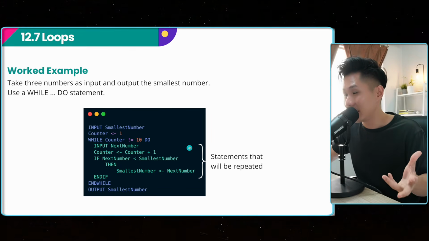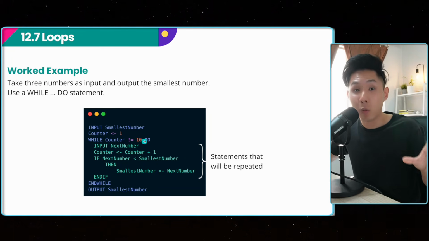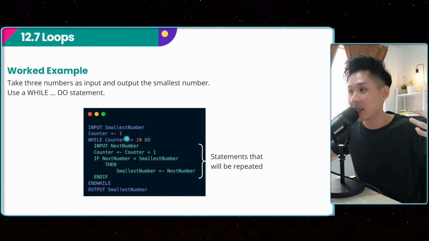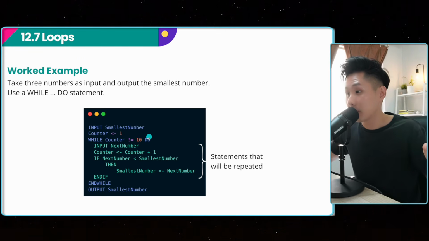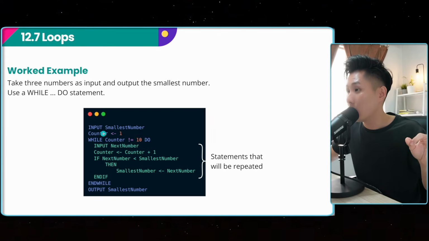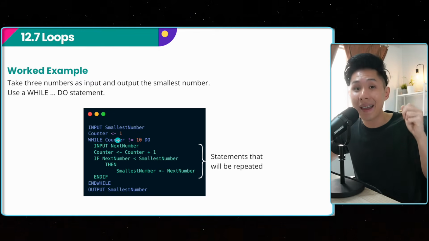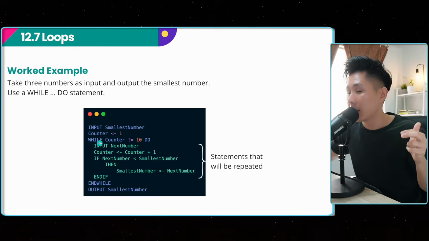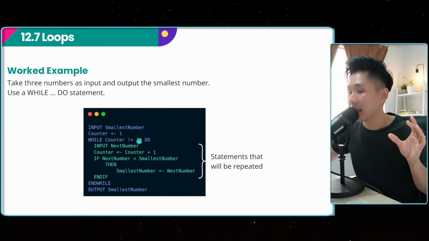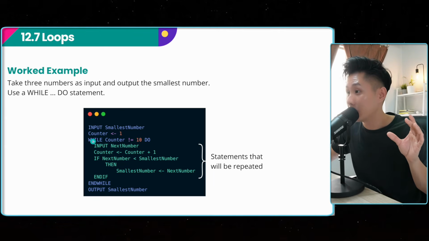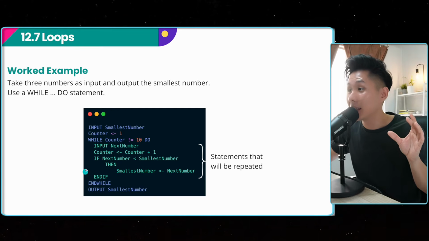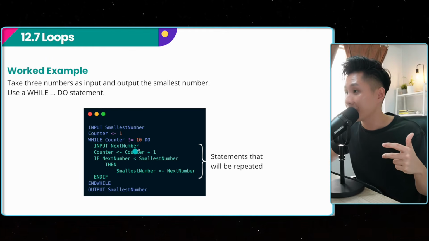And this is the way to write it in a while loop. So what we just looked at is repeat until. While is a little bit special. First of all, it's the same program, but instead of repeating something until, it checks the condition at the start. It asks: while counter is not equal to 10, I'm going to do this line of code again and again until the end.